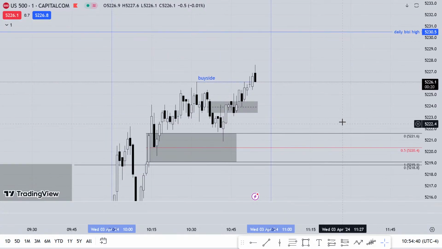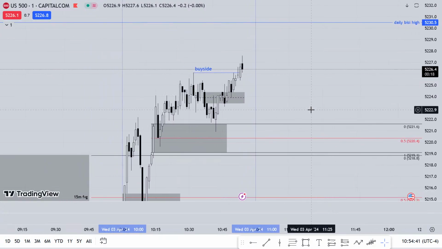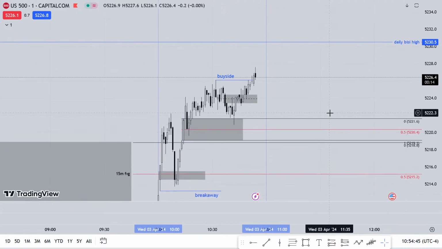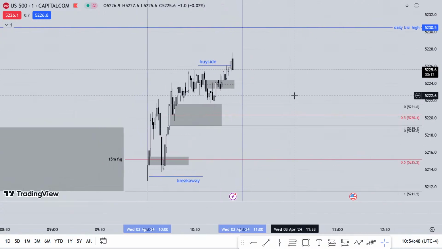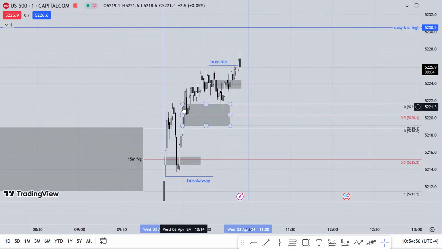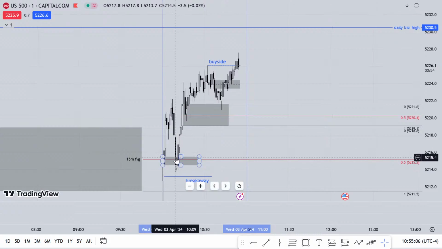So let's see in what quarter of the daily BC we are currently trading. So we got a return back into this fair value gap here, which is a silver bullet entry model. This is the first silver bullet that was taken within the first 10 minutes of price.